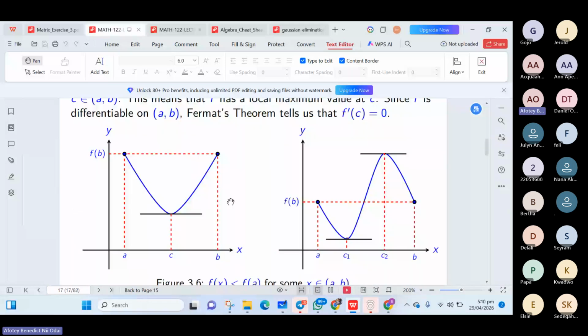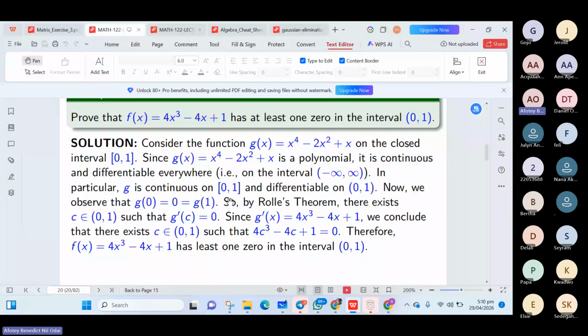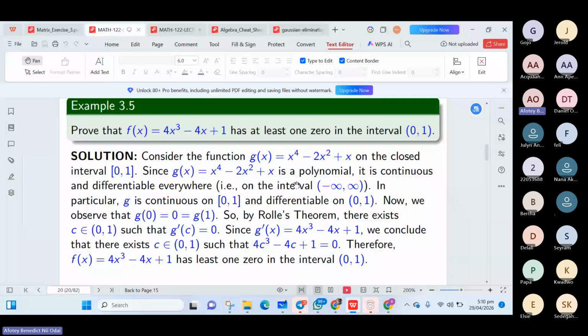Let's come back to our question. Consider the function g of x is equal to x to the power 4 minus x squared plus 1 on a closed interval 0 and 1. Since g of x is a polynomial, it is continuous and differentiable everywhere on the interval, right?